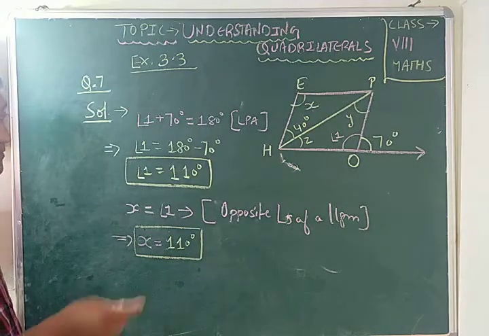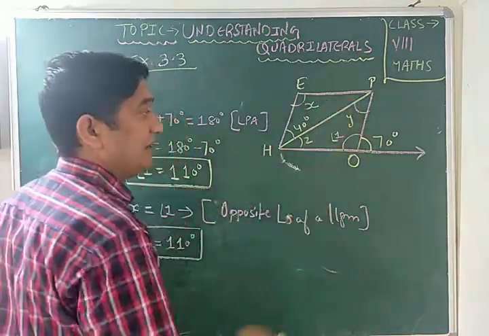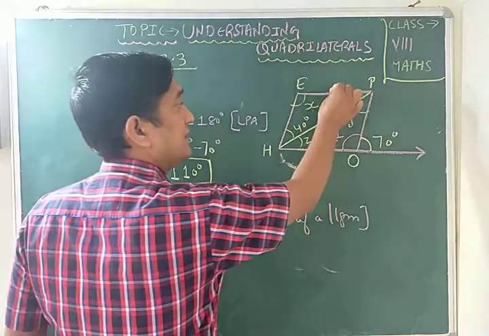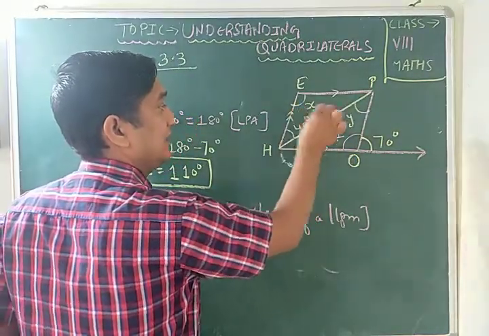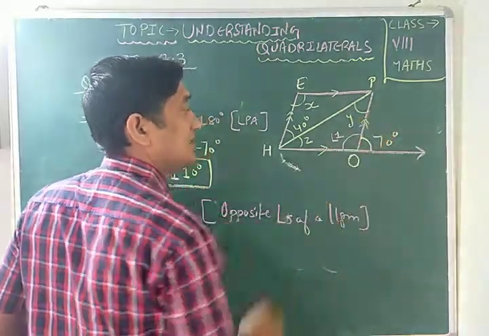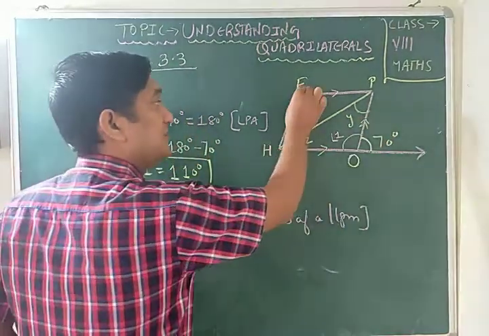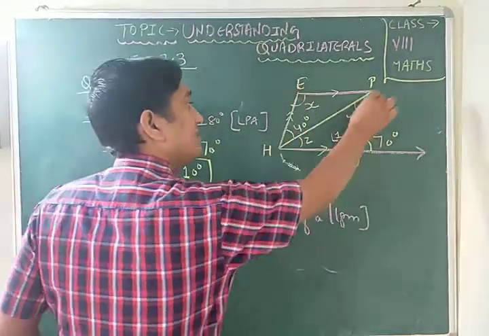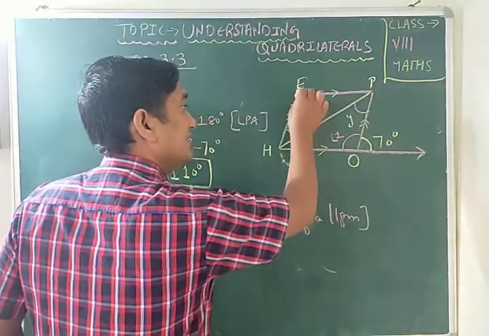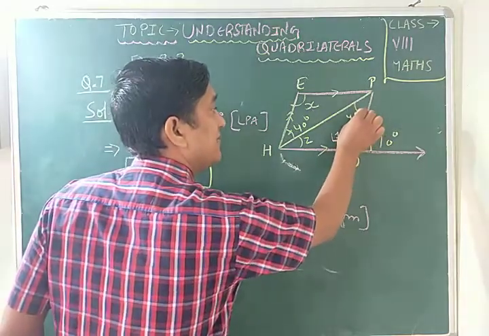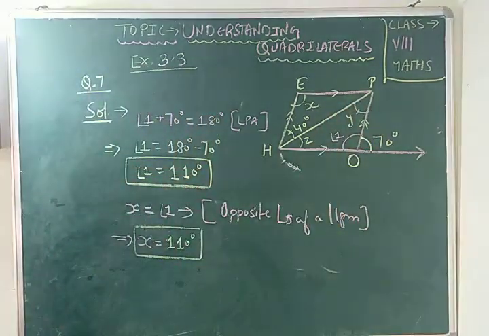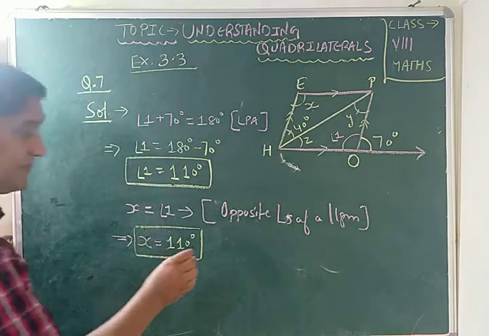Next children, observe this figure carefully. This is parallelogram. We know that this side is parallel to this side and this side is parallel to this side. So children, if these two lines are parallel, so this angle 40 and this angle y, these are also equal because of alternate interior angles.